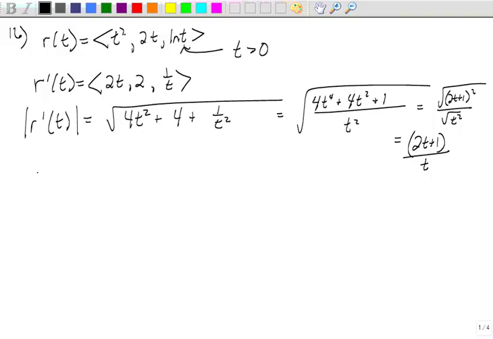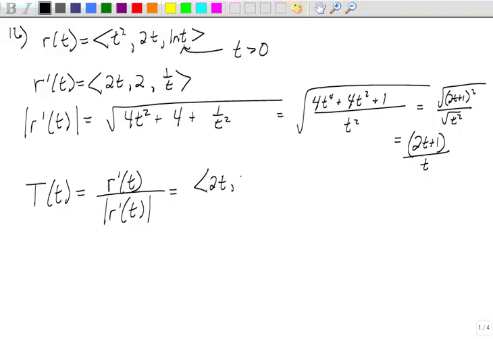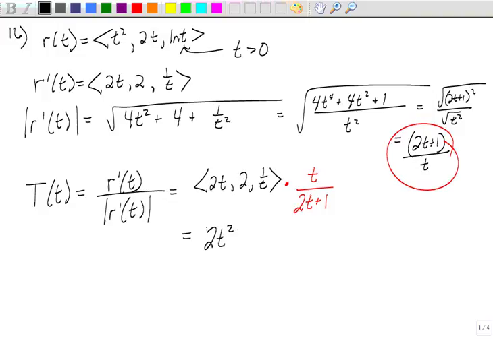So the unit tangent vector is just r prime of t over the magnitude of r prime of t, which is 2t, 2, 1 over t, divided by this, but that's the same as times, so that's equal to 1 over 2t squared plus 1 times 2t squared, 2t, and 1.